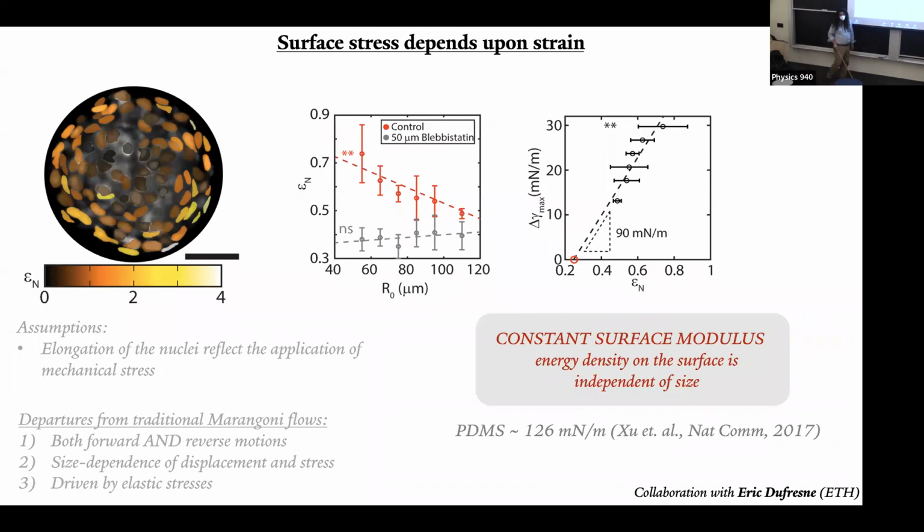For example, like PDMS, other soft gel-like things. And so we have a constant surface modulus, but what is a modulus? It's an energy density. So again, now we have size-dependent properties, but can be characterized just the same way as we would for a passive system. We would have measured a constant surface modulus had we not looked for size.